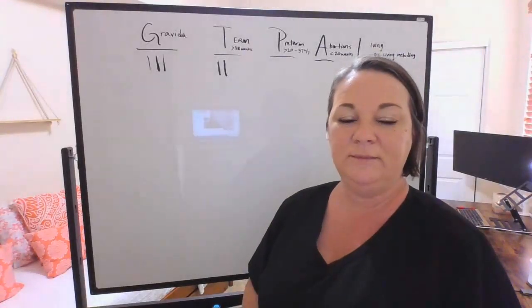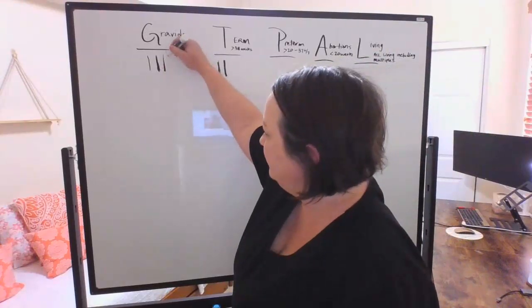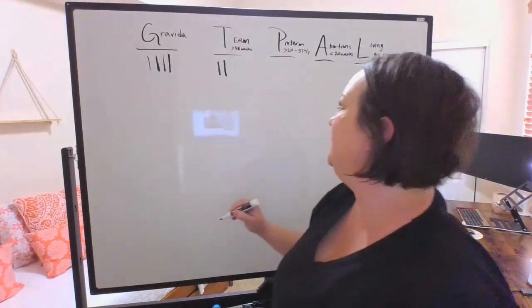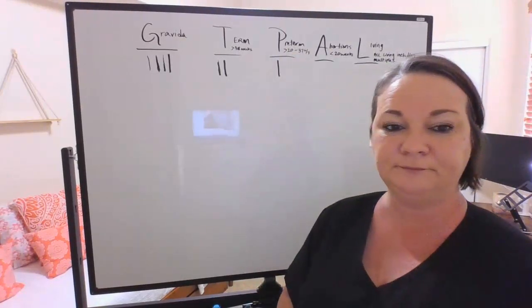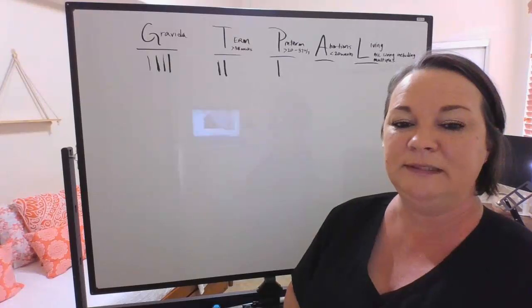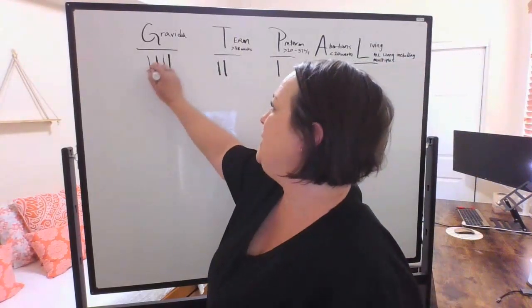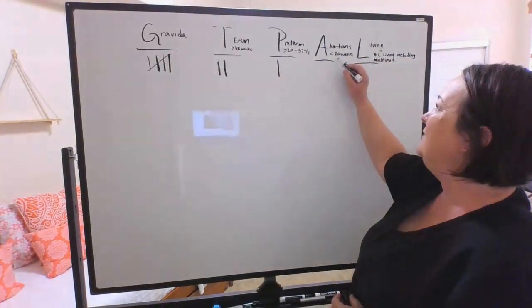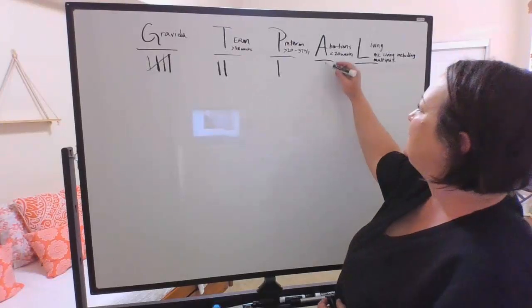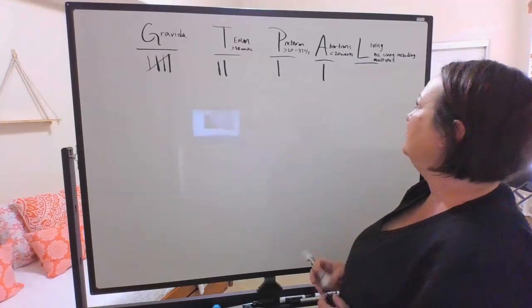Second one, a G for the pregnancy and a T for term right there. She had 1 preterm birth, a G for the preterm pregnancy and a P for the preterm birth, and 1 miscarriage at 8 weeks. Here's a G for that pregnancy, and it was 8 weeks, so that's less than 20 weeks, and we give that an A for abortion.